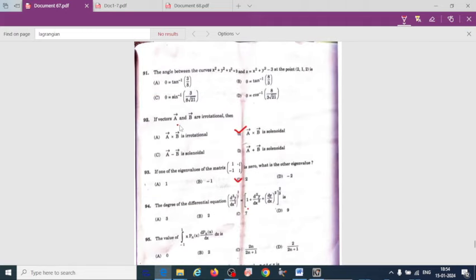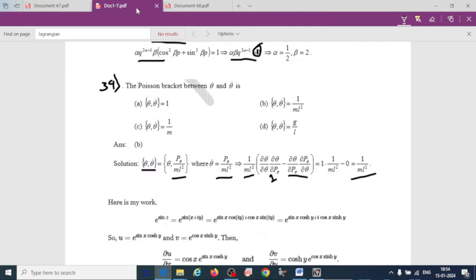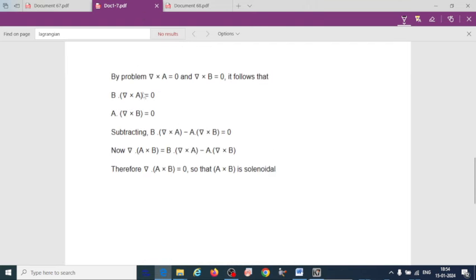Vectors A and B are irrotational, then so here, if we take curl of A, irrotational means what? Curl of A is equal to 0 and curl of B is equal to 0 for the given vectors. If curl A is equal to 0 and curl B is equal to 0, then if we take the divergence of this, it is going to be 0.